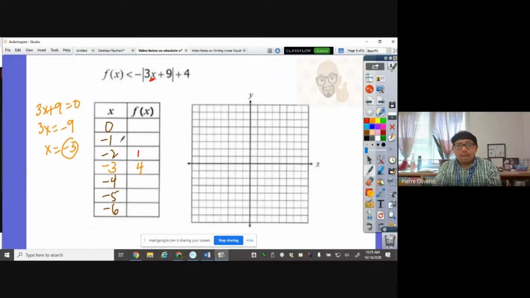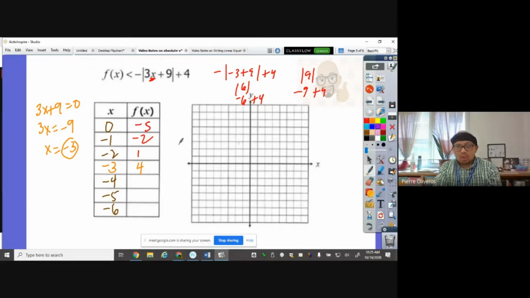Next, we plug in negative 1, so negative 3 times negative 1 is 3, plus 9 is 12. Wait, the work gives absolute value of 6, but there's a negative, so it becomes negative 6 plus 4 is negative 2. For 0, 3 times 0 is 0, so absolute value of 9 is 9, but there's a negative, plus 4 will give you a negative 5.